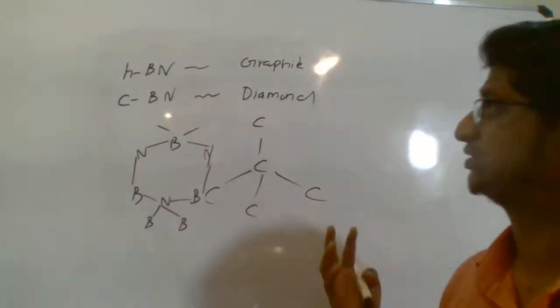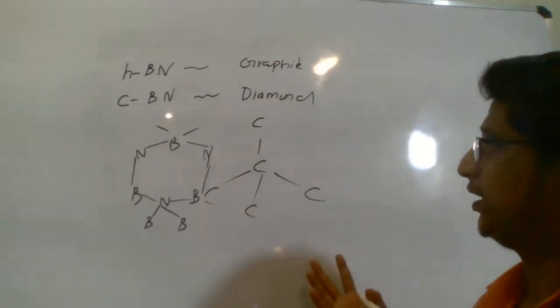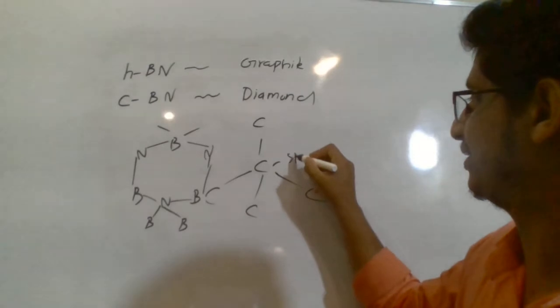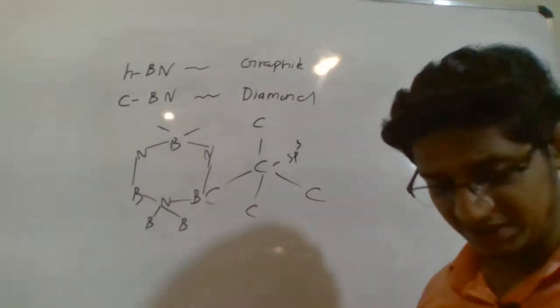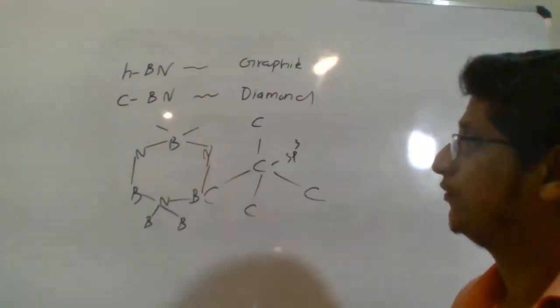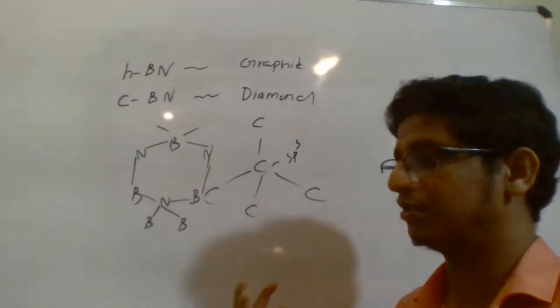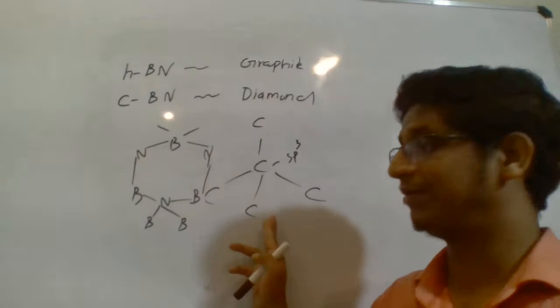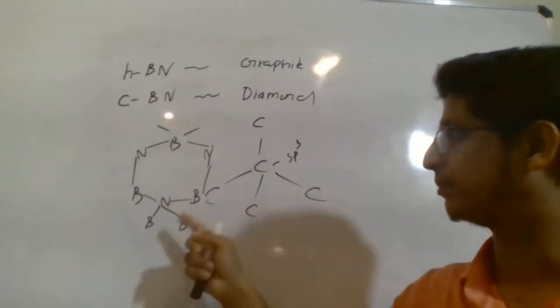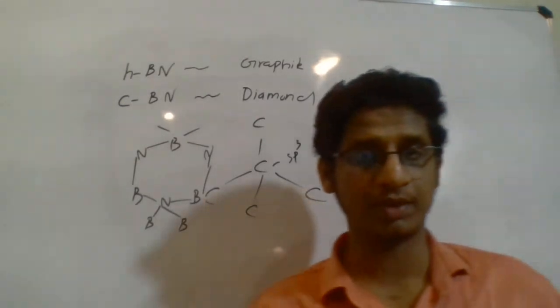So that's the way the structure of cubic boron nitride will be. Like the hybridization, the carbon atom in diamond is sp3 hybridized. Similarly, each atom in cubic boron nitride is sp3 hybridized. And if you talk about hardness, diamond is the first hardest substance, followed by the second hardest substance, cubic boron nitride.